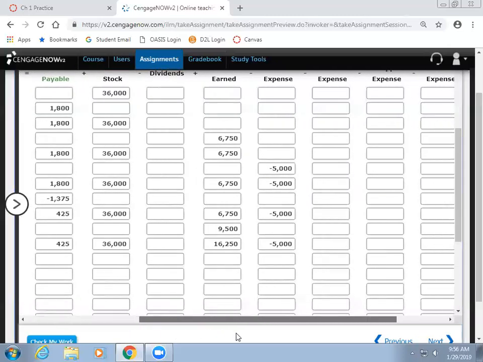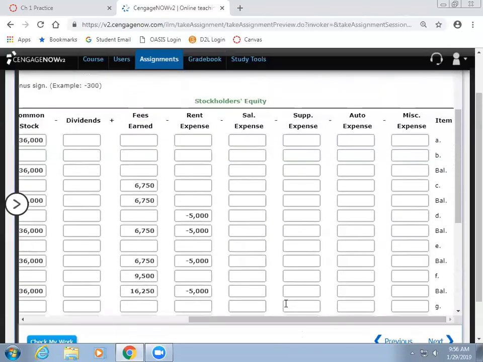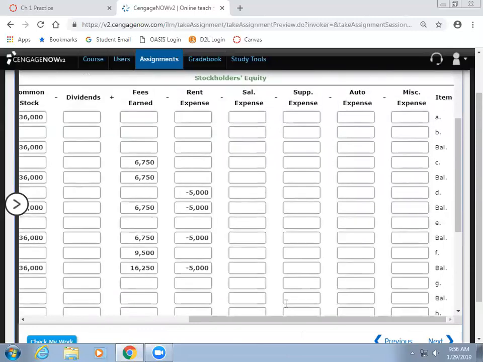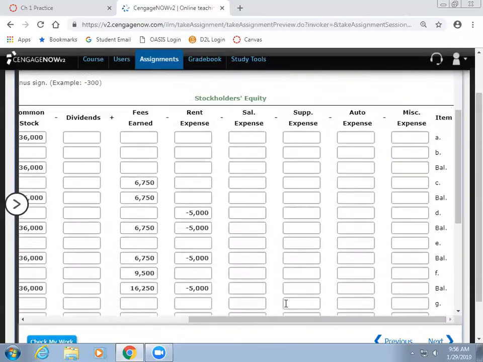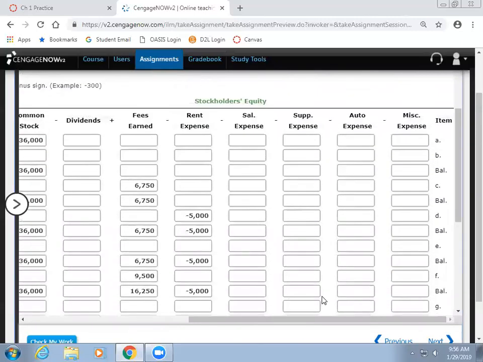And then I'm going to go over to my expenses, staying on the right line. On G, my auto expense is going to be a negative $840.